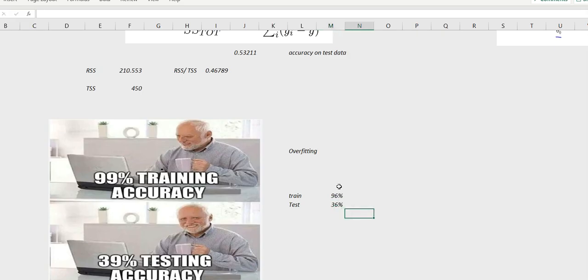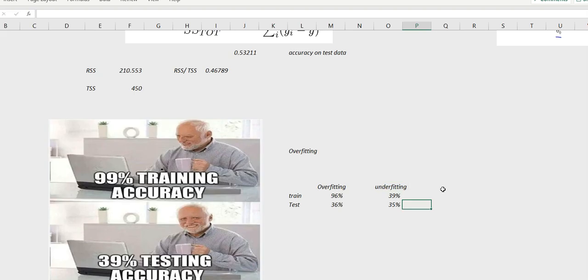It means it's overfitting. The next case, accuracy with the train data is 39% and the test data is again 35%. It means this is the underfitting.